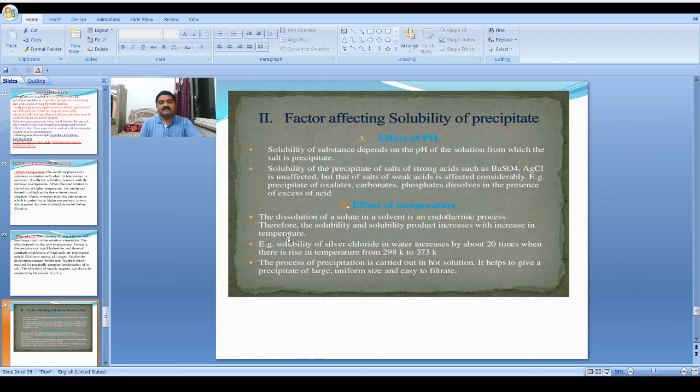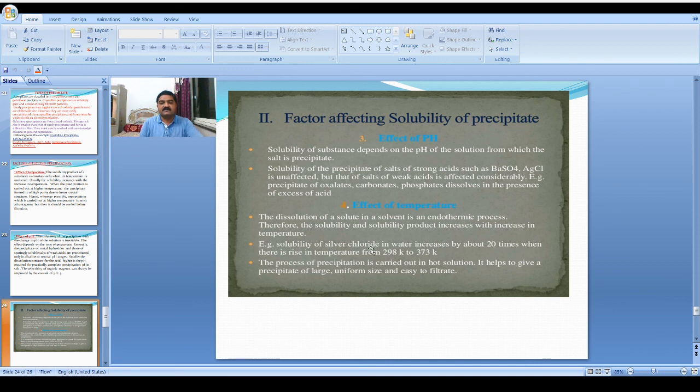Second, effect of temperature. The dissolution of the solute in solvent is endothermic. And what is endothermic? That means the heat is absorbed from the system, and exothermic means the heat is evolved in this process. Therefore, the solubility and solubility product increase with increase in temperature.